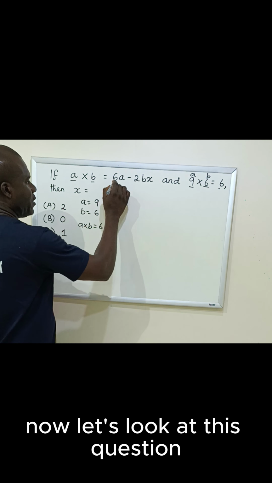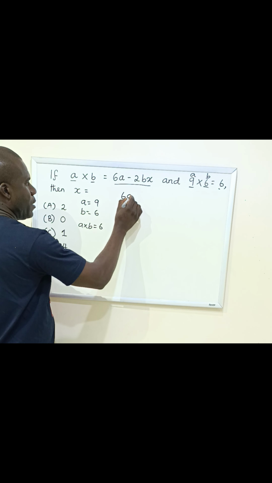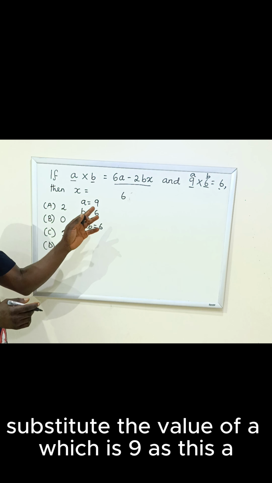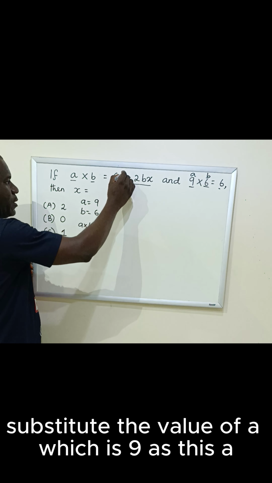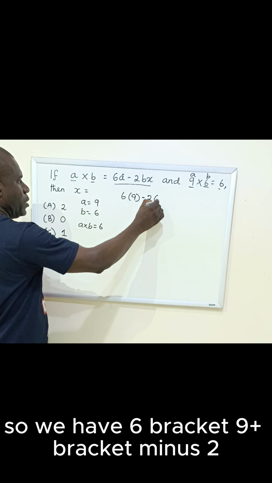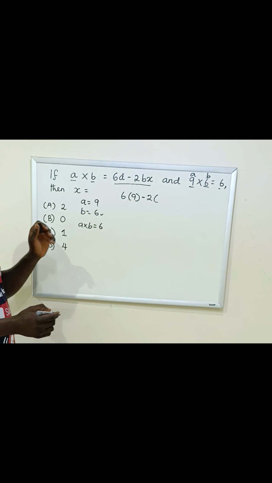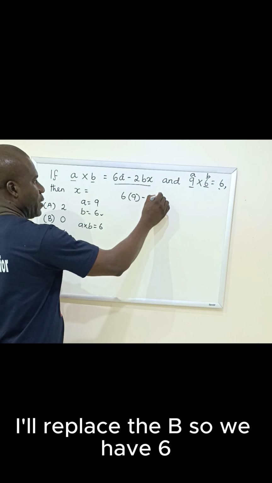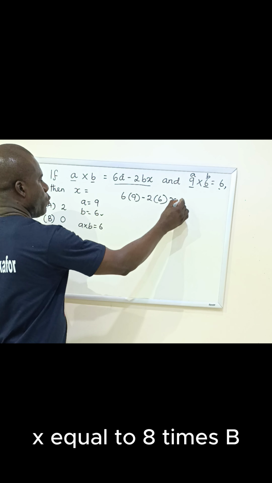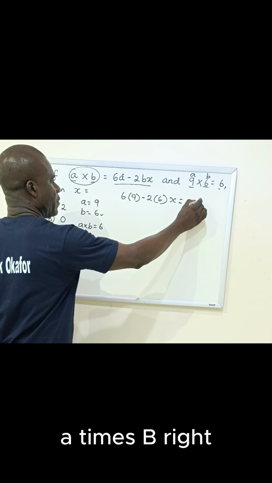Now, let's look at this equation. 6A. All right, now substitute the value of A, which is 9, as this A. So we have 6 bracket 9, close bracket minus 2. Substitute the value of B, which is 6, and replace the B. So we have 6x equal to A times B. A times B, right?